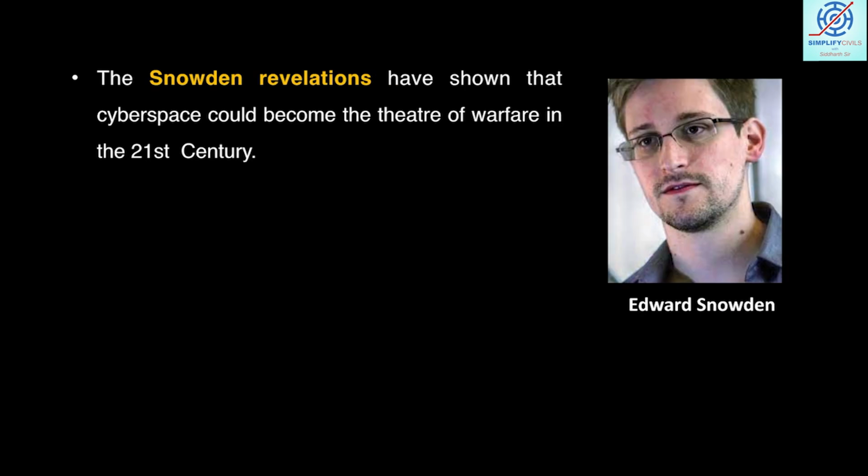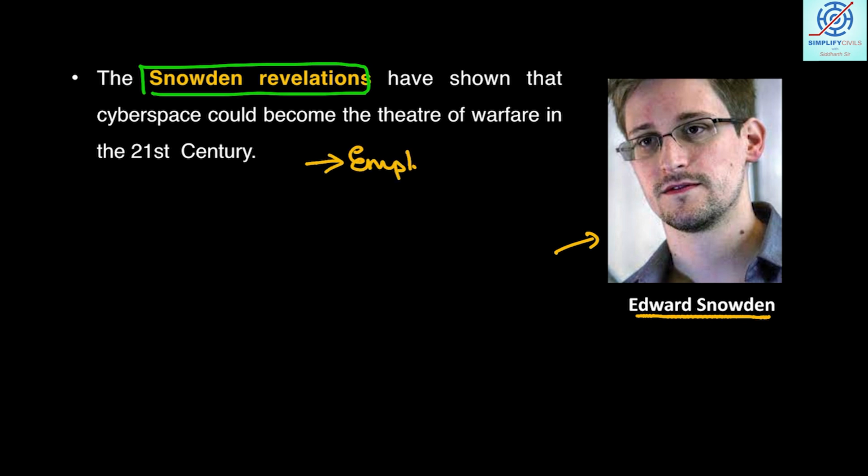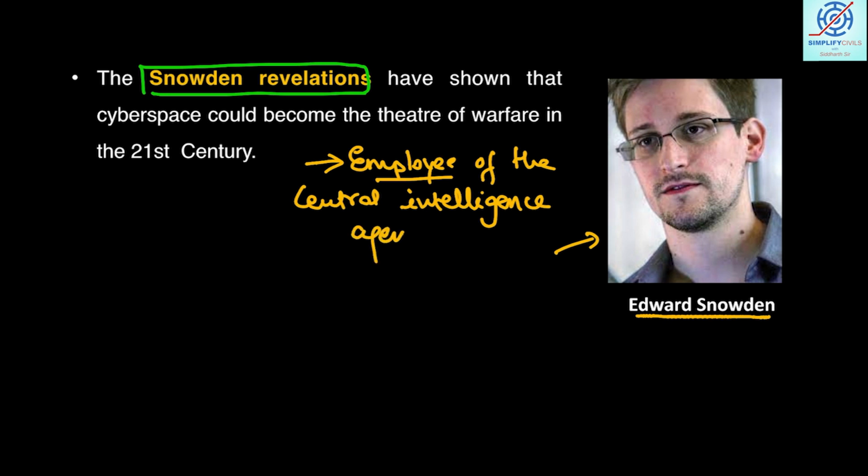And now I will discuss with you the Snowden revelations. What is Snowden talking about, and what actually was the case? This is the photograph of the person called Edward Snowden. Who is he? He was an employee of the Central Intelligence Agency, that is CIA, right?